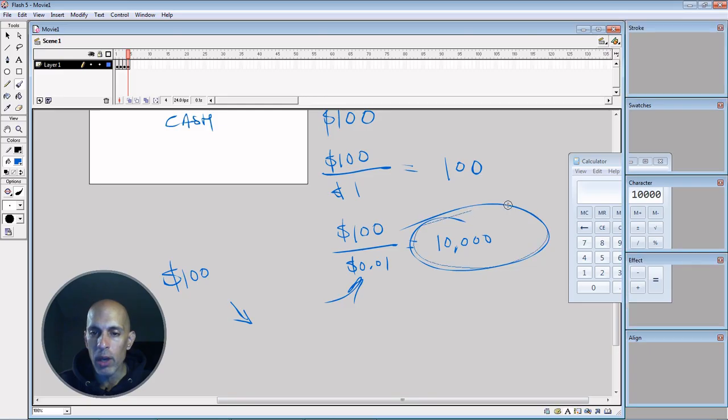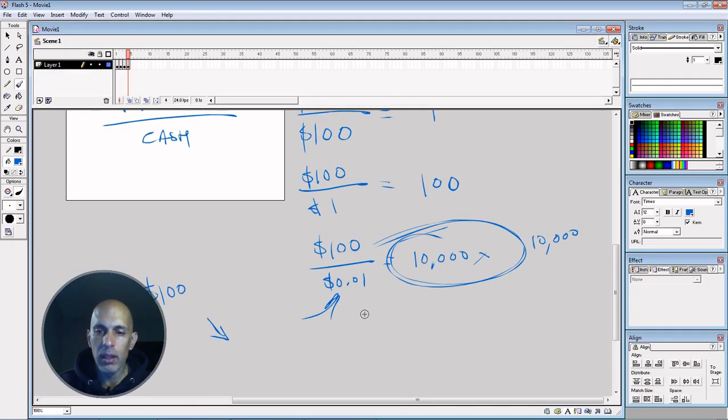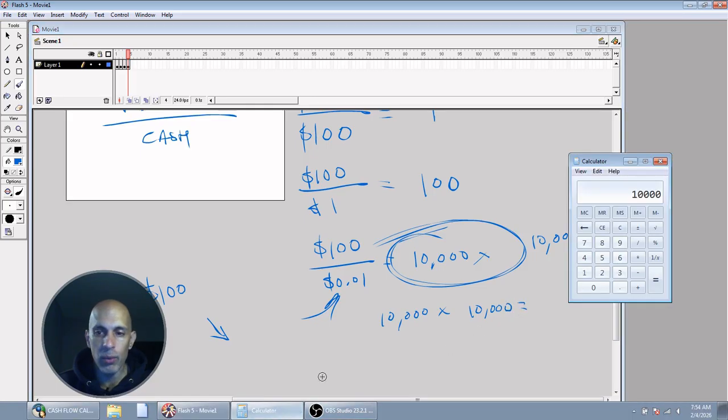So you have one opportunity that gives you a 10,000x return, and then you do that 10,000 times. 10,000 times 10,000 is equal to what? $1 billion?